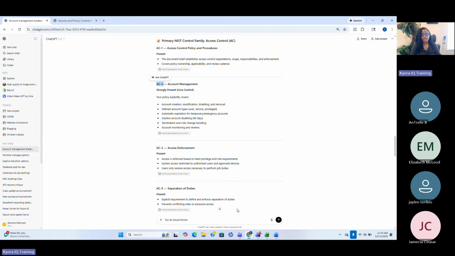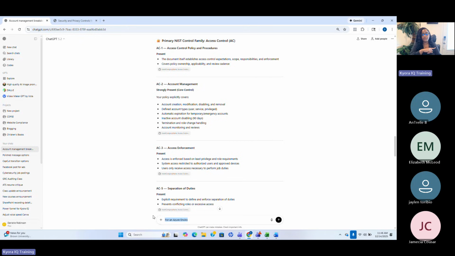Then what we're going to do next is copy the information that ChatGPT spit out. For me, I'm going to copy it because I have several different controls in here, but for you guys, this should really have been your first.